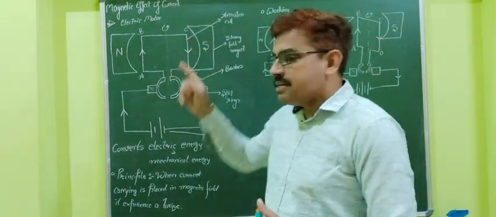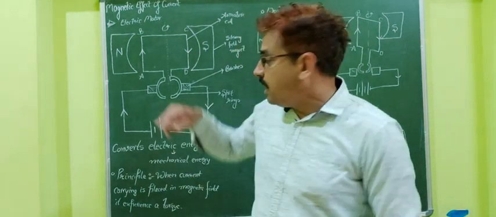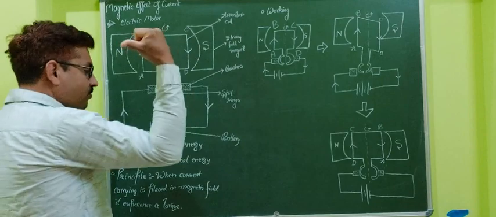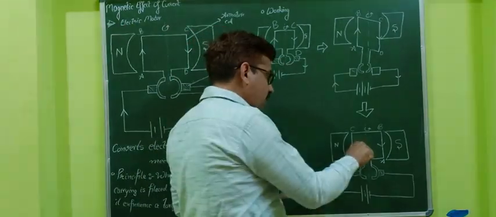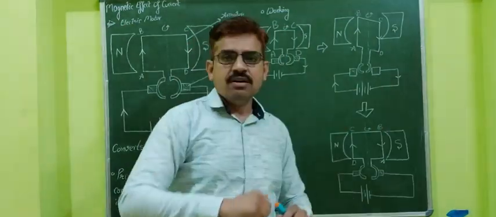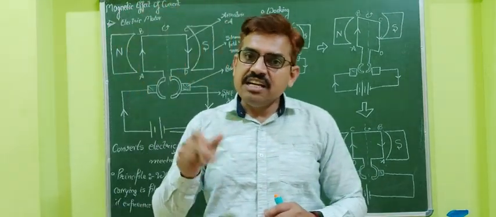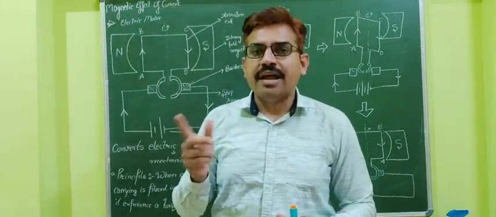In this case CD is moving inward and AB is moving outward. So what is going to happen? It means that it continues to move in the same direction.